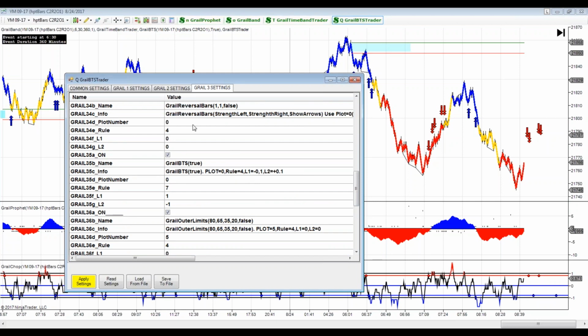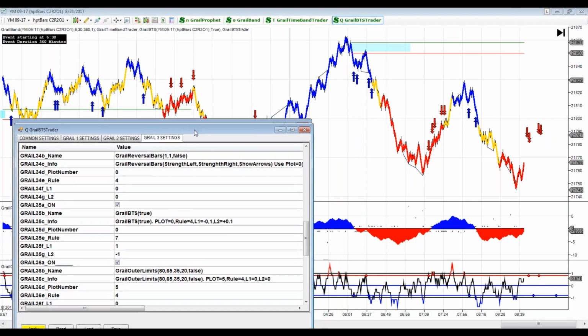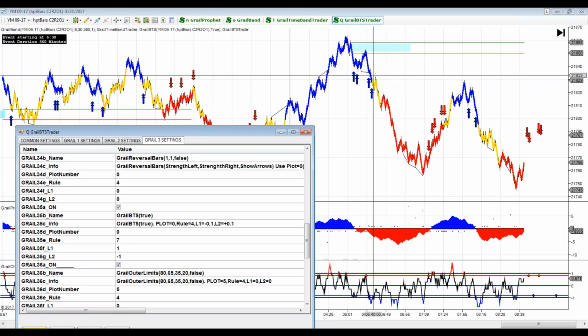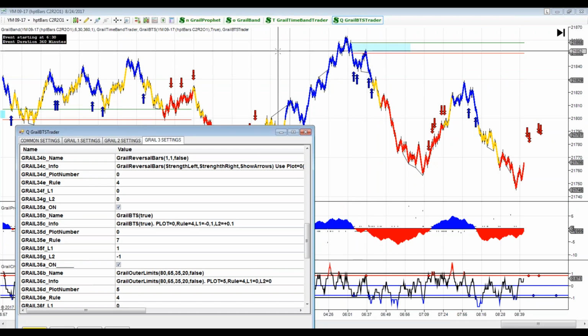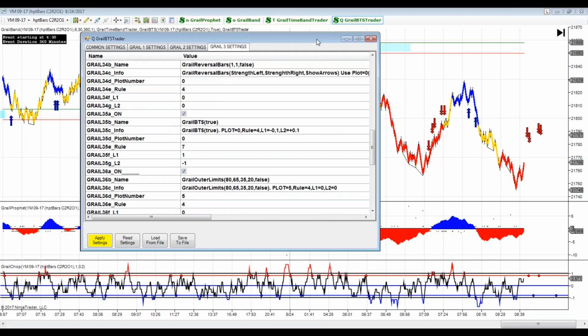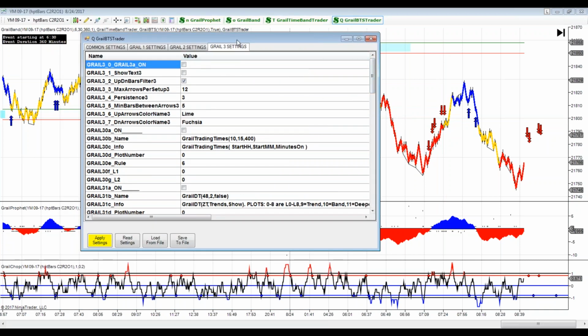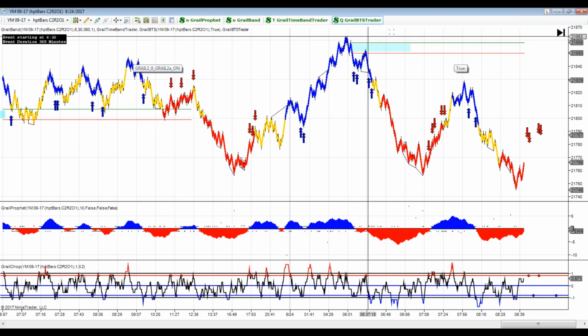And this is 1 minus 1, so the BTS is basically when everything else is good and yellow follows blue, it's looking for a trade. When yellow follows red, it's looking for a trade. All right, and again, you can turn these on and turn them off and work them. I'm going to go ahead and turn this one on. I'm going to turn the other one off, and the other one's off. Did I click apply?